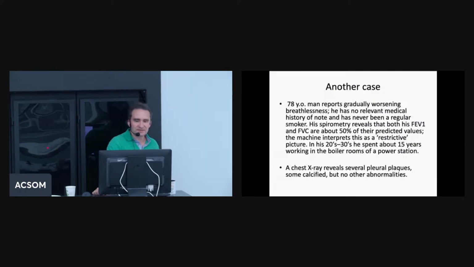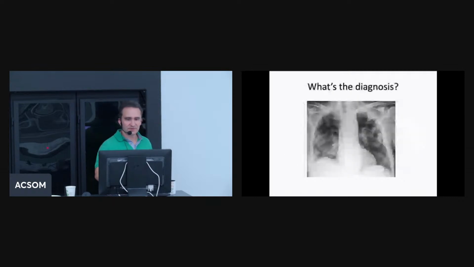The machine interprets this as restrictive. In his 20s and 30s, he spent about 15 years working in the boiler room of a power station. And the chest X-ray reveals several pleural plaques, some calcified, but no other abnormalities. So what's happening here?